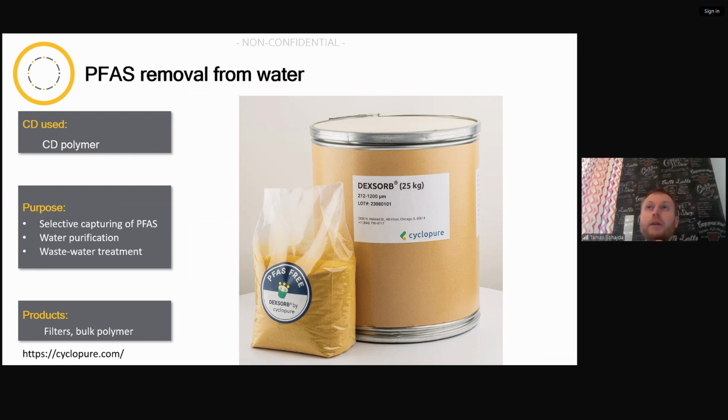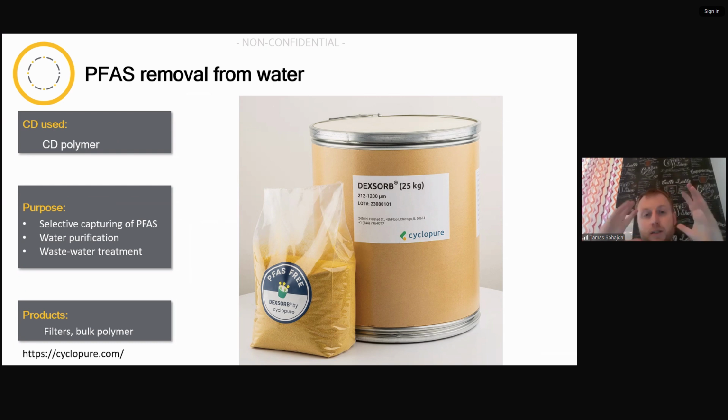And their initial target was drinking water and removing PFAS from this drinking water. So they developed a completely new cyclodextrin polymer and started creating filters that contain this polymer, and this is commercially available, so you can check their website.